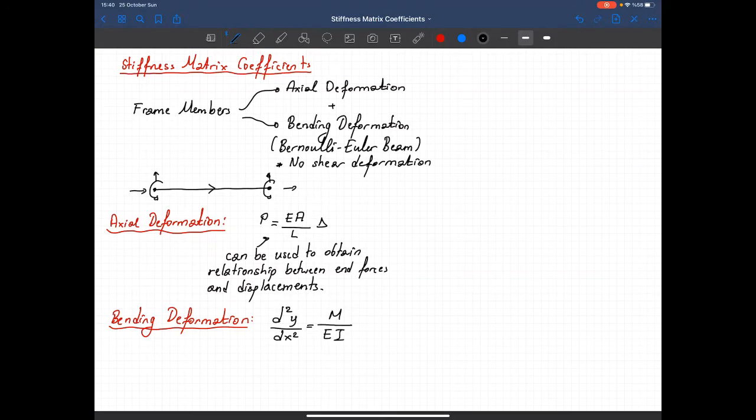So if I want to use this equation to determine the relationship between the end forces and the end displacements of a member, right? It takes too much effort to solve this equation for each member.